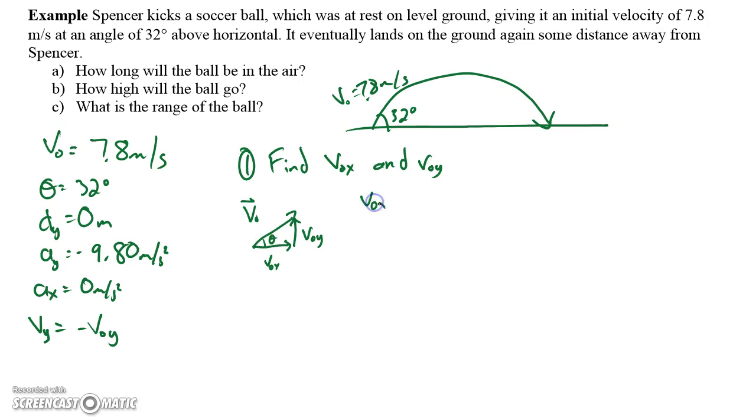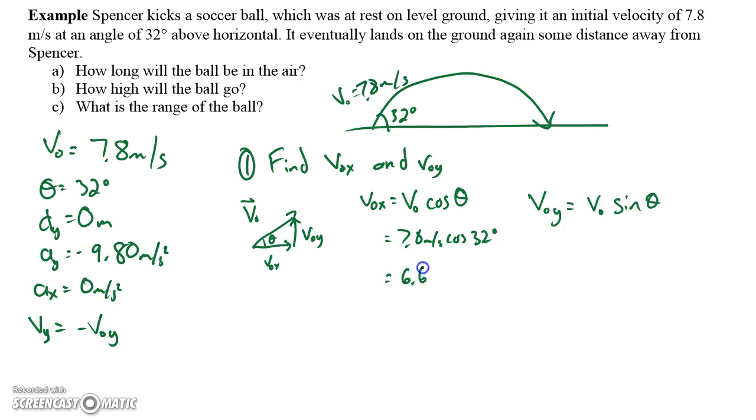So V naught x will be cosine because it is adjacent to our angle. So we have V naught times cosine of theta. And then V naught y will be V naught times sine because we just used cosine. So plug in our numbers, 7.8 meters per second times the cosine of 32 degrees.